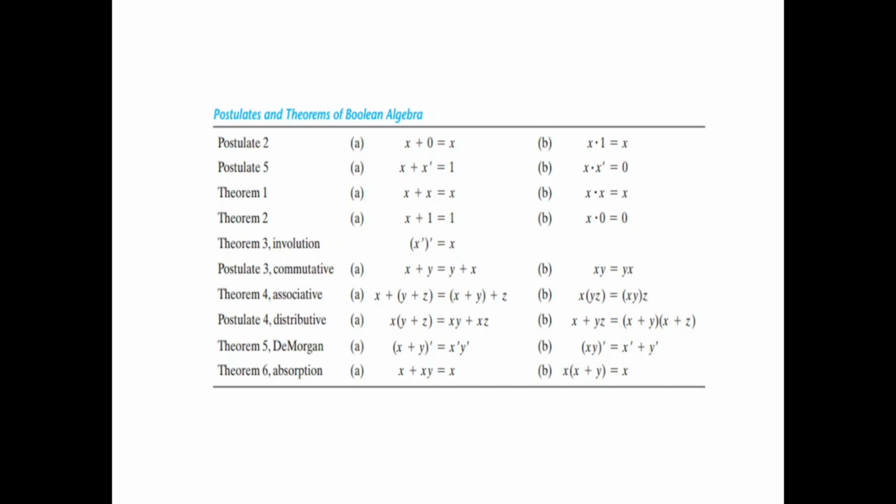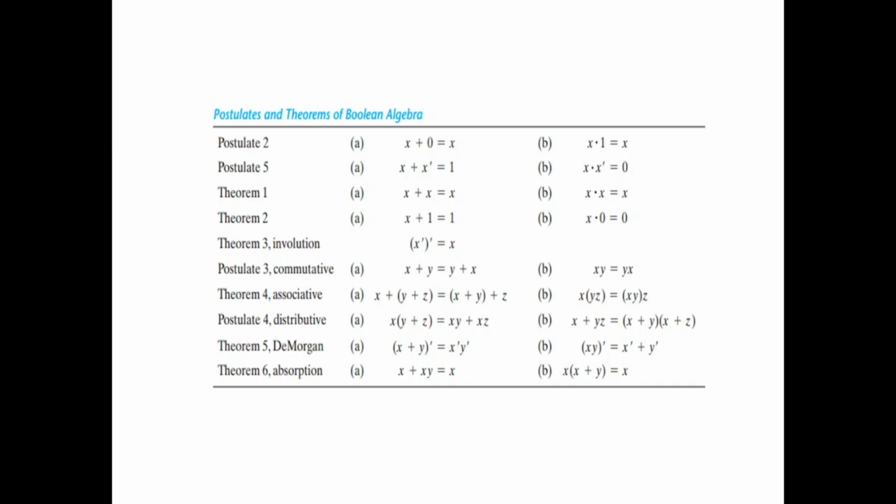So first, postulate 2: A is defined as x plus 0 equal to x, and B is x dot 1 equal to x. In postulate number 5, A is defined as x plus x dash is equal to 1, and B is defined as x dot x dash is equal to 0. And theorem 1A is x plus x is equal to x, and 1B is x dot x is equal to x.